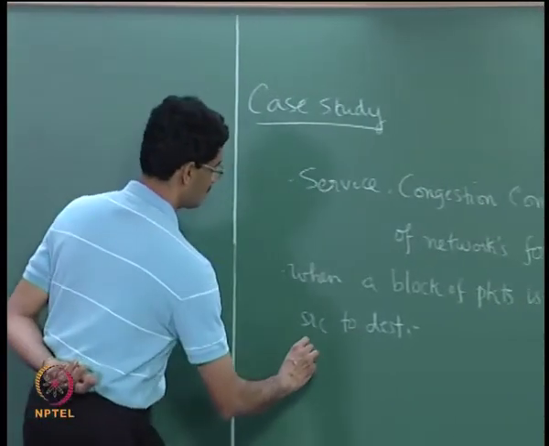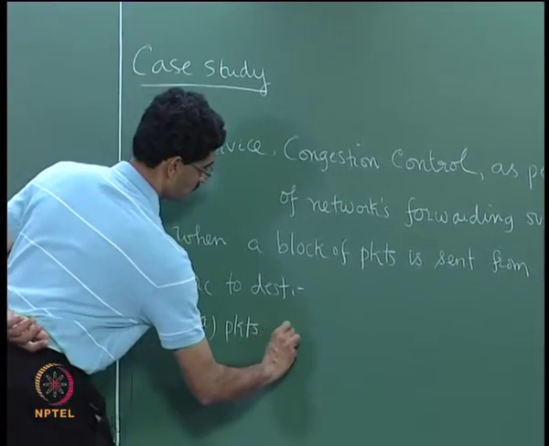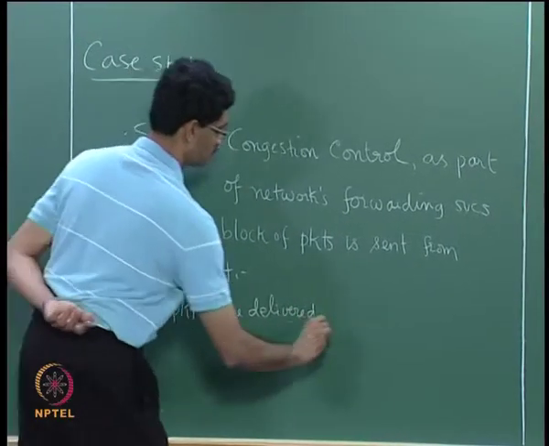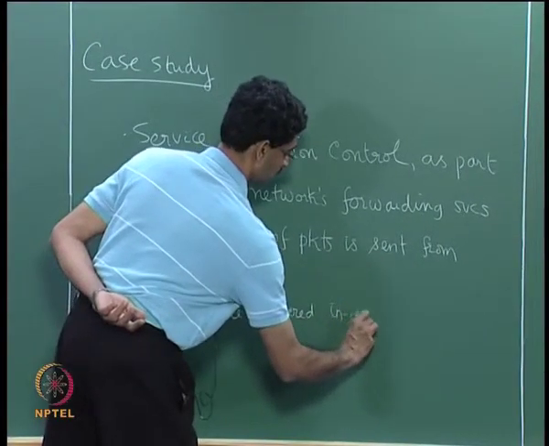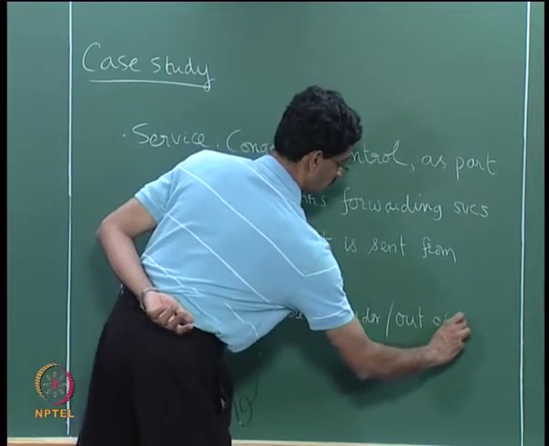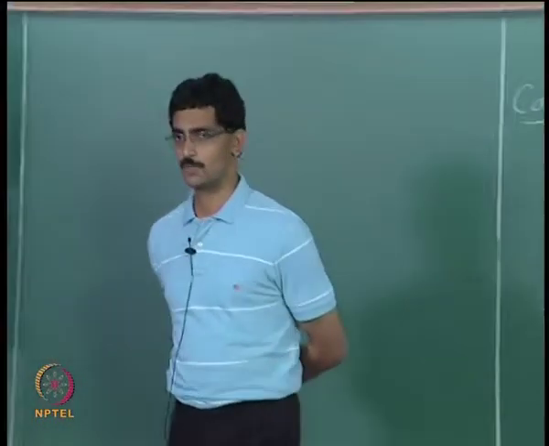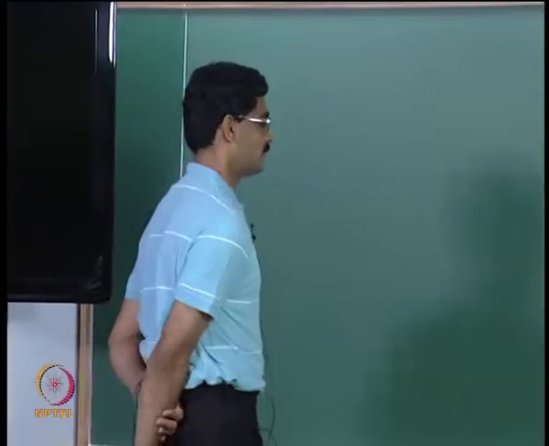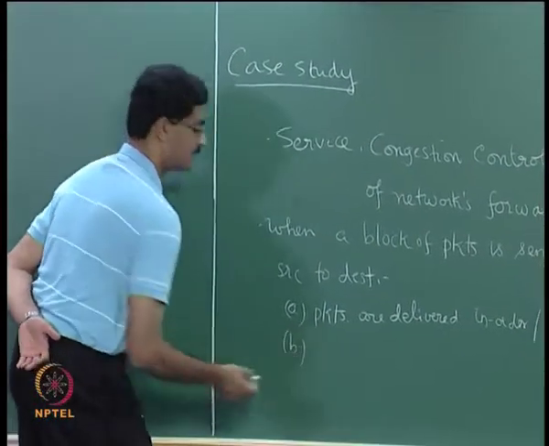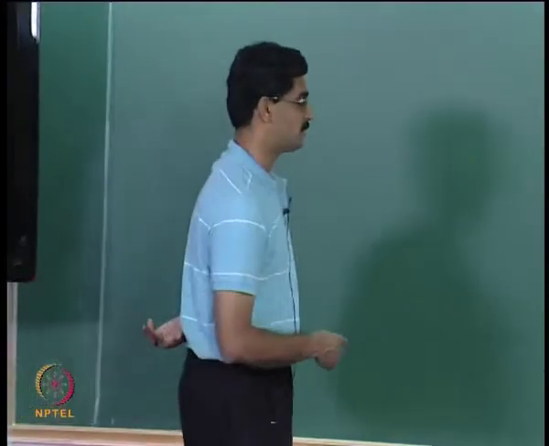One is the packets are delivered, either in order or out of order. That is true in any packet switch system because packets can be switched out of order. Then there are some packets that will be dropped by one or more of the intermediate routers. So packets can be dropped.